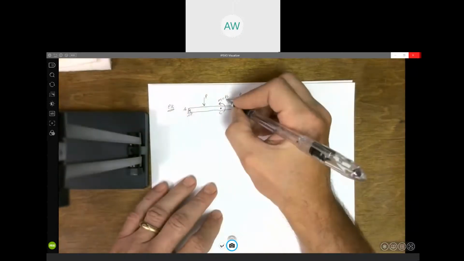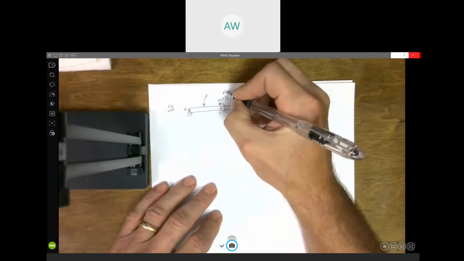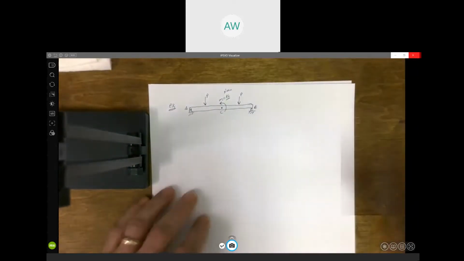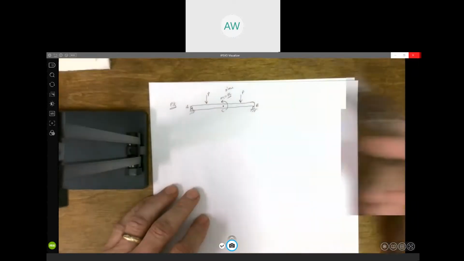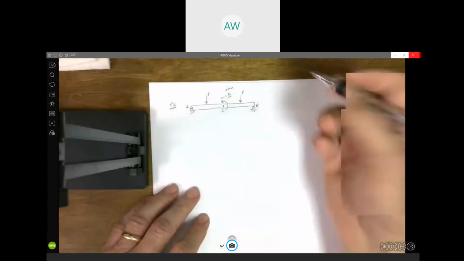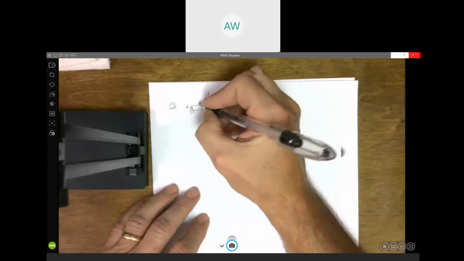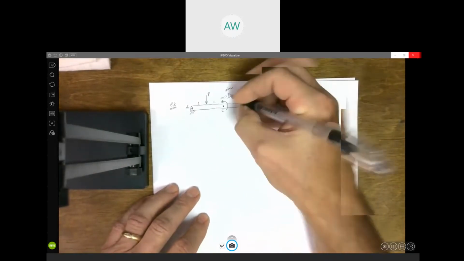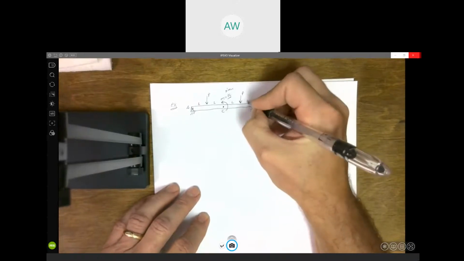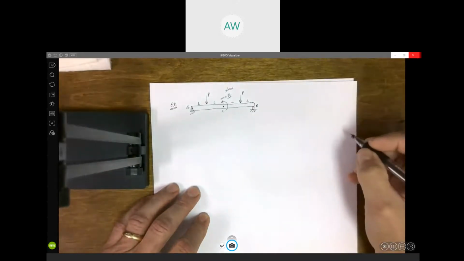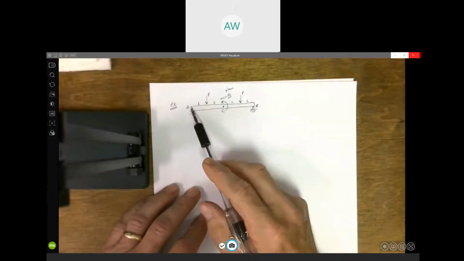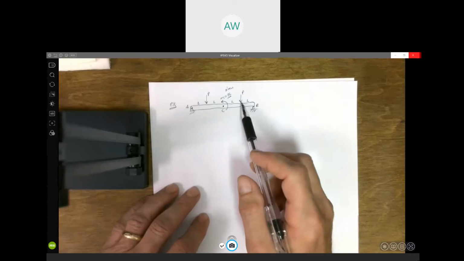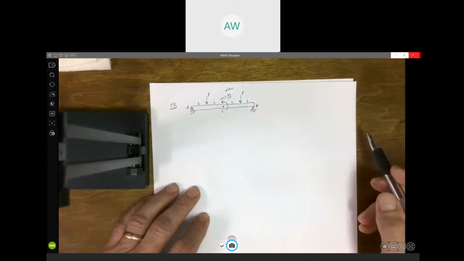But again, that's given. That's not something that you would look at and know. If you had numbers in here, obviously that would be taken care of. And we're told it's some distance L. Again, between the end and where the first P is, and then another L to the middle, and another L to that P, another L to the end.